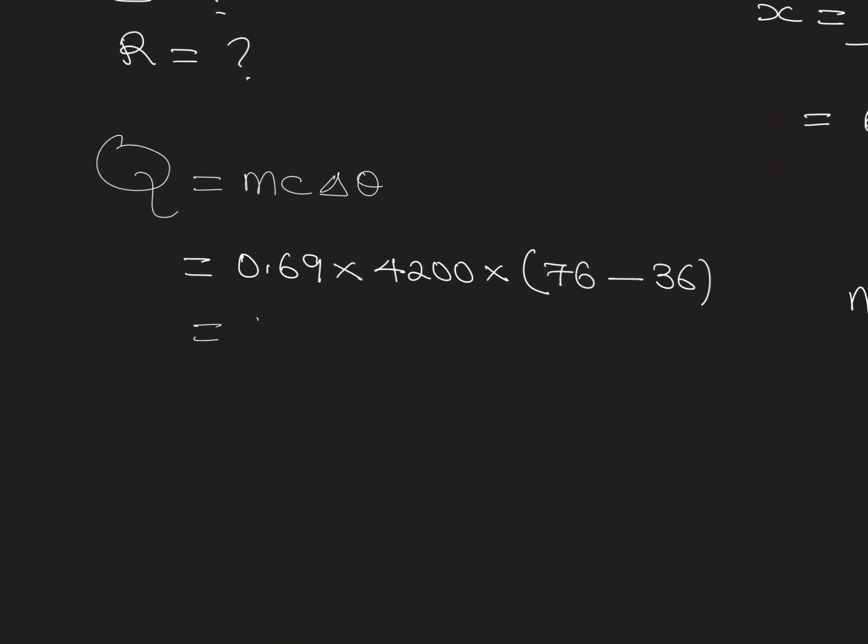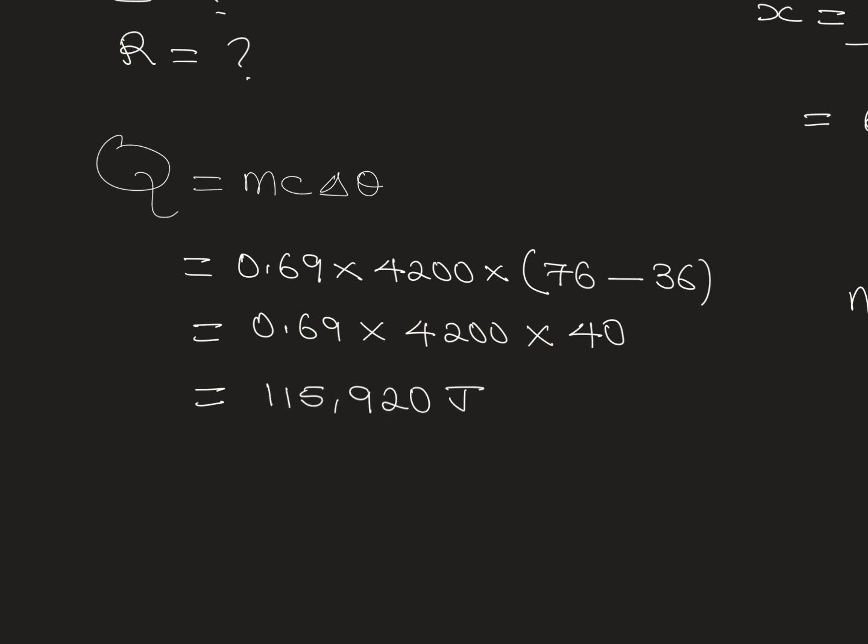So that will be 0.69 times 4200 times 76 minus 36, which is 40. So 0.69 times 4200 times 40, we will have 115,920 joules. That is the quantity of heat.